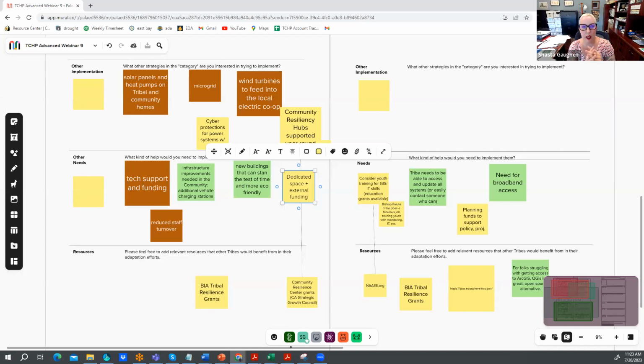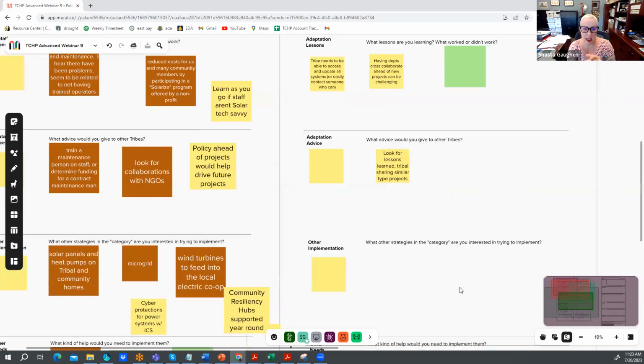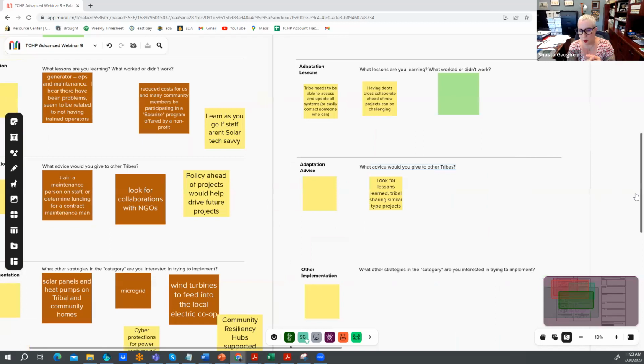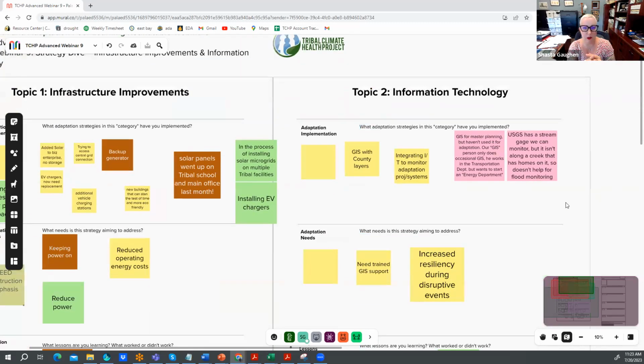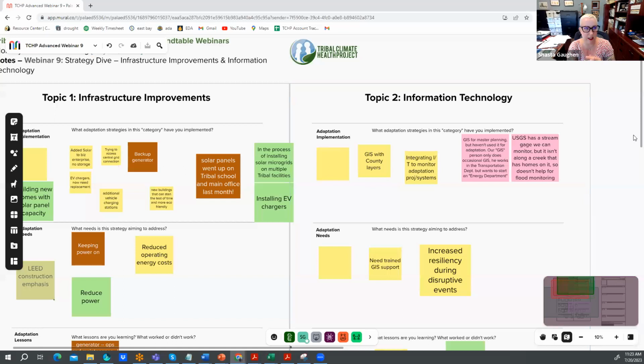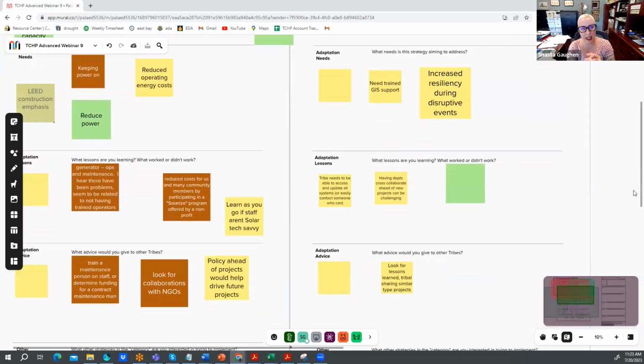There's the question of broadband access, and I put that under needs for IT. We know that that's a big issue for tribes. And I've shared with the group before about our own emergency response system that is text-based and email-based. So as long as you have cell service, you can get our emergency alert texts.